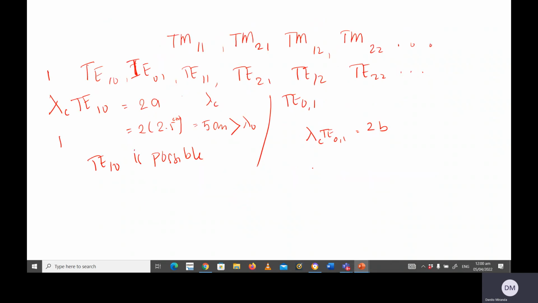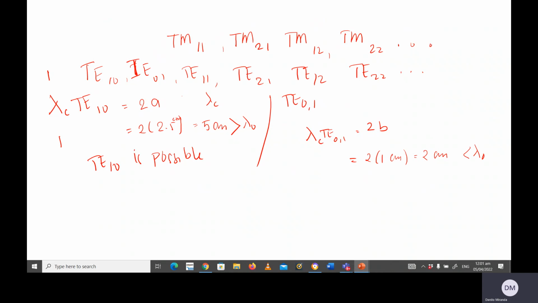Okay, so ano yung B? 1, so meron kang 2 cm. Okay, so 2 times 1 cm, so we have 2 cm. 2 cm is less than the operating wavelength.